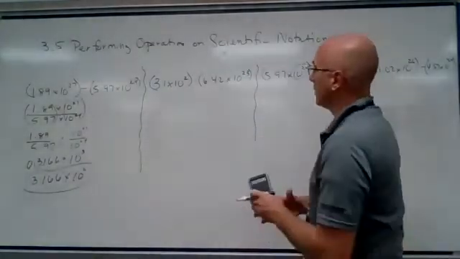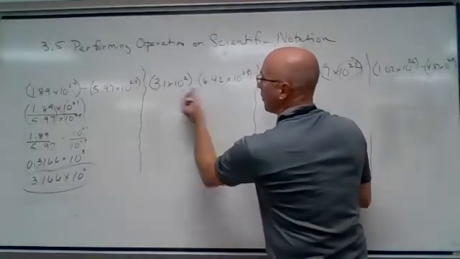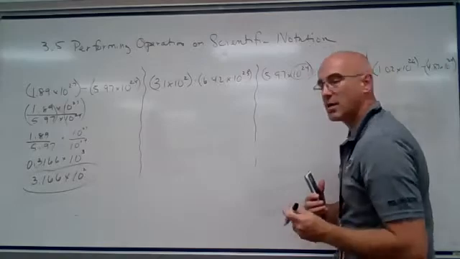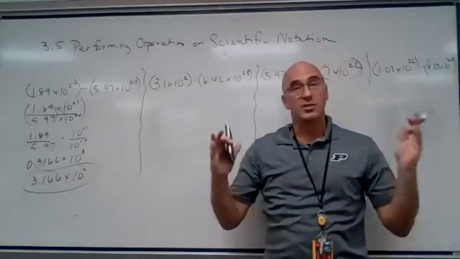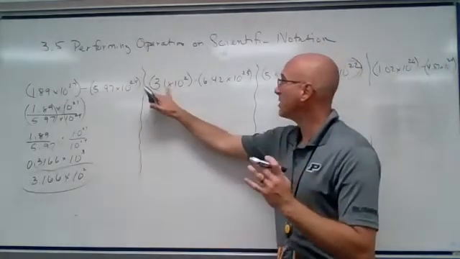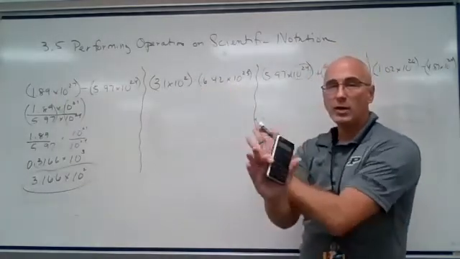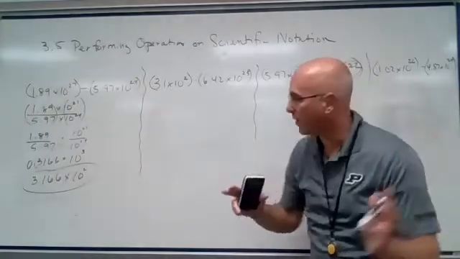Multiplication is very similar. We have 3.1 times 10 to the 2nd power times 6.42 times 10 to the 23rd power. We can use our associative property because all of this is essentially multiplication. We can rearrange things to make it easier for ourselves.